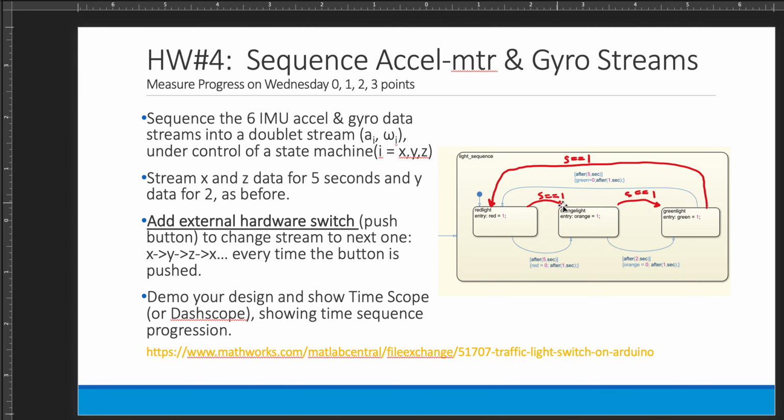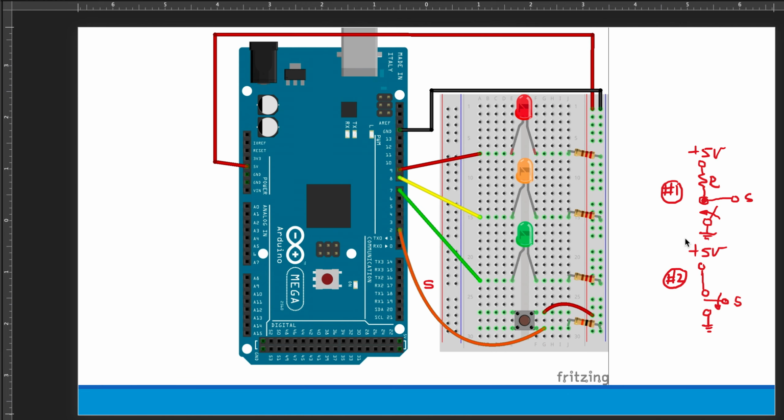So the idea here, these are interrupts essentially that allow me to move from state to state right on top of the mechanism that you're using to stay here for 5 seconds, stay here for 2 seconds, and stay here for 5 seconds.